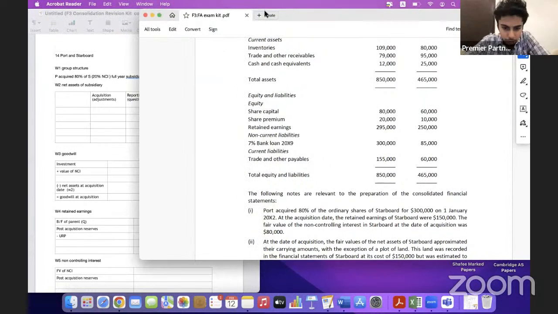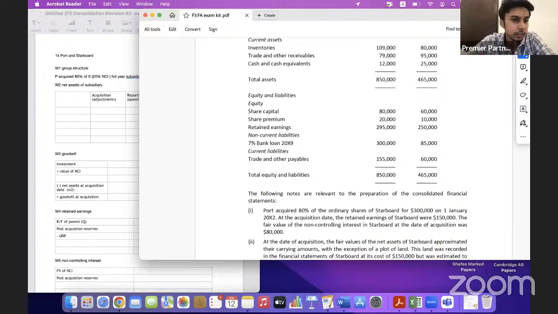Right, now let's see what they're telling us. Port acquired 80% of the ordinary shares in Starboard for 300,000. Now we have bought the company for 300,000. When you buy the company for 300,000, that's what we call investment, if not consideration.